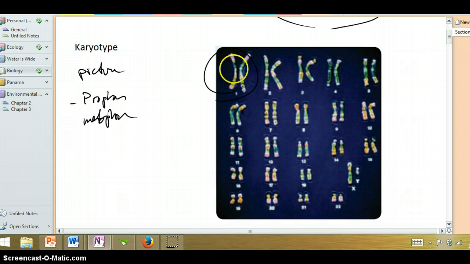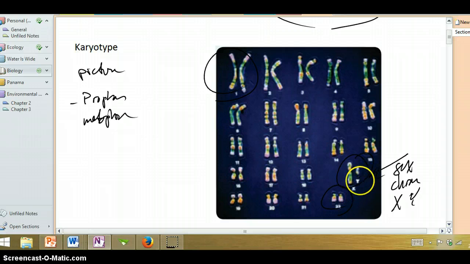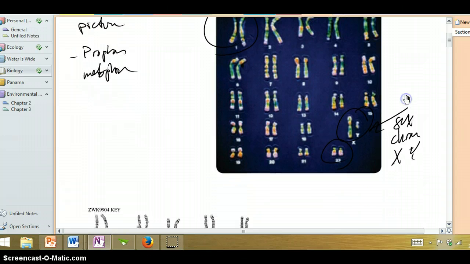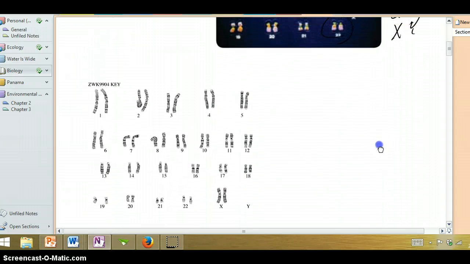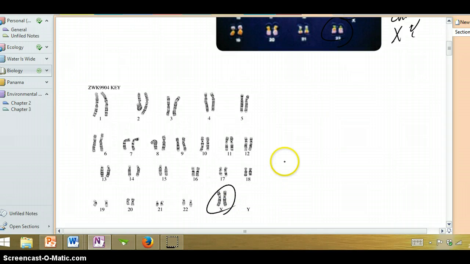So you have the pair of number 1 chromosomes, pair of number 2, 3, 4, etc., up through the 22nd pair. And in a karyotype, the last pair is always the sex chromosomes, the X and the Y. This individual has one X and one Y, so they are a male. This karyotype here has 2 X's and no Y, so of course this is a female. But again, there's all the other pairs in the karyotype.